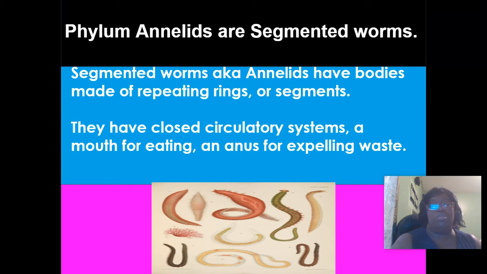And we know the circulatory system has to do with the heart. It's also known in our bodies as the cardiovascular system, meaning they have some type of system that allows their blood to go through their body. Annelids, or segmented worms, have a mouth for eating, and they have an anus for expelling waste.